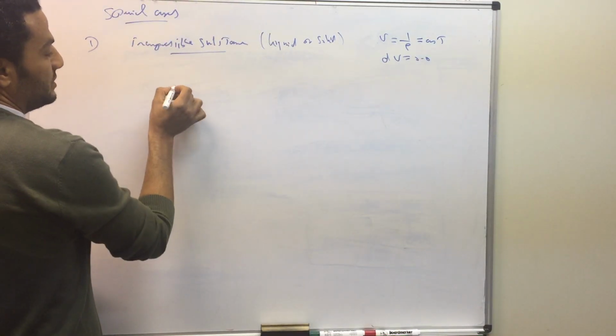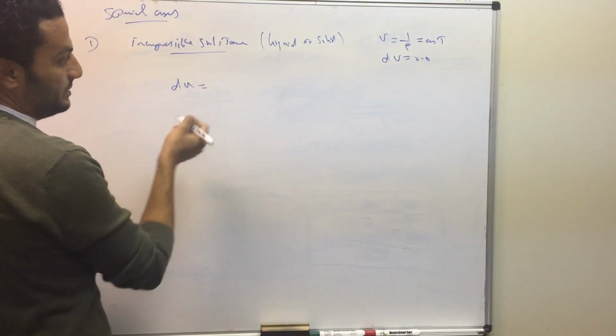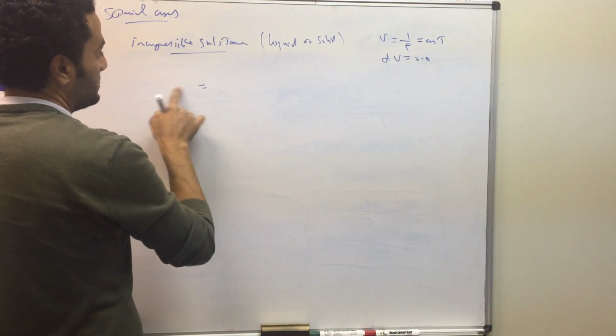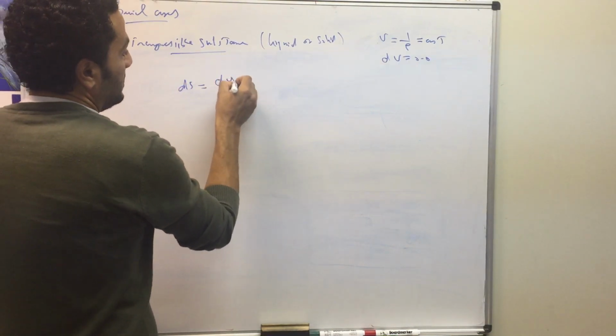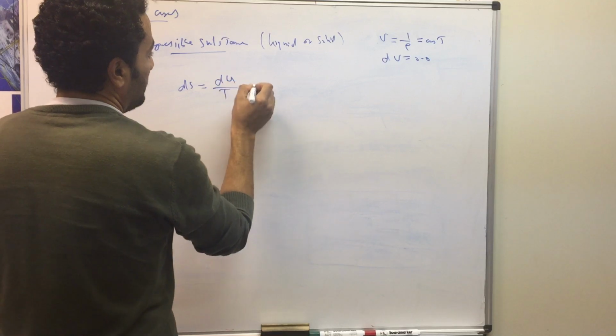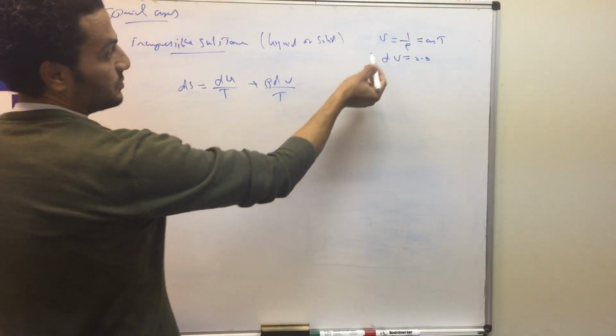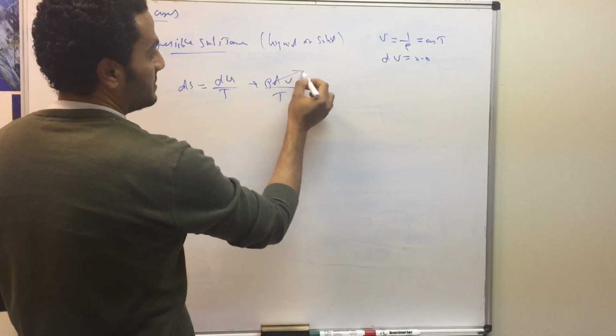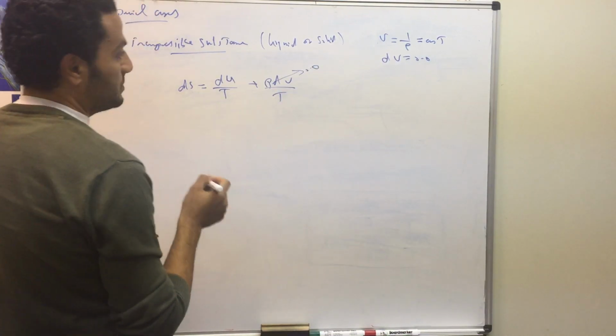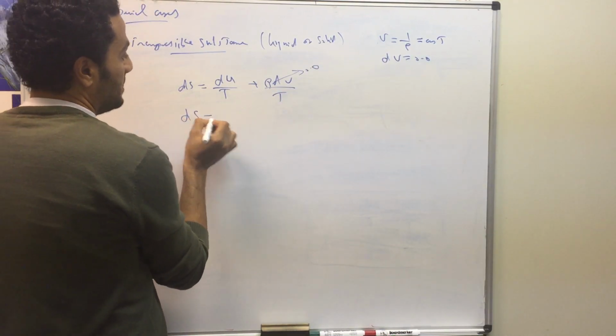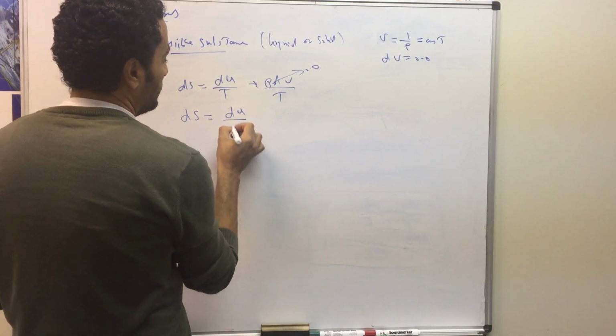We have the equation from the Tds relation, delta S is equal to delta U over T plus PdV over T. In this case the volume is constant, so dV is 0, so this term is 0.